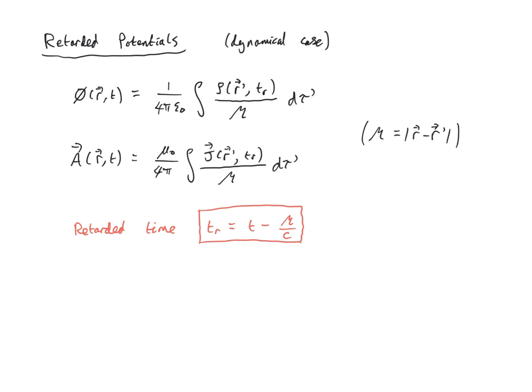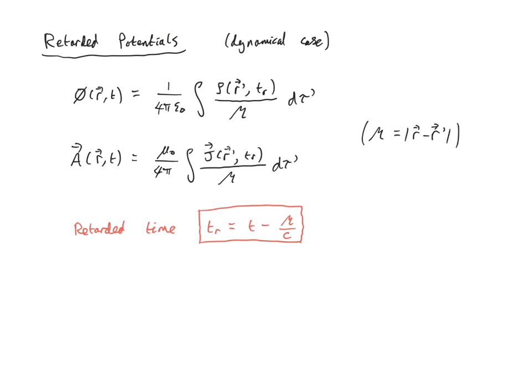These retarded potentials are therefore a very convenient, powerful way of keeping track of not only the charge and the current distributions, but the history of those things and how they've changed, because the way in which they change affects the electric and magnetic fields, not only now, but at different points in time as well.